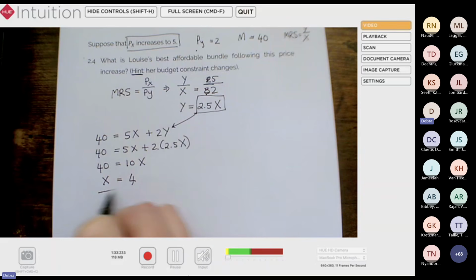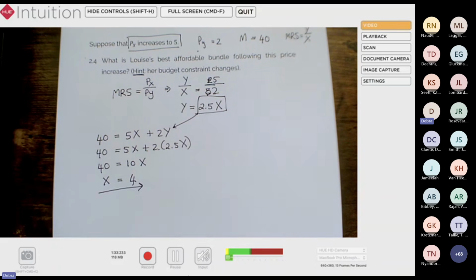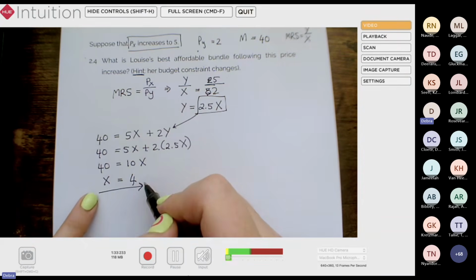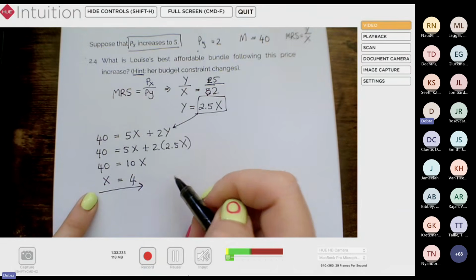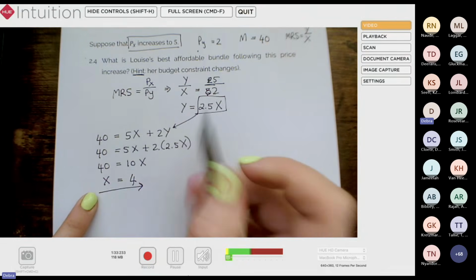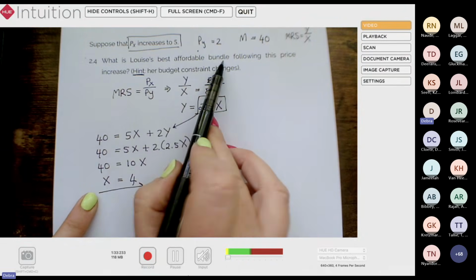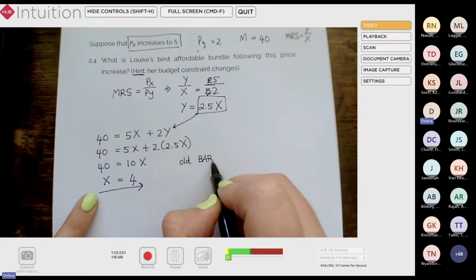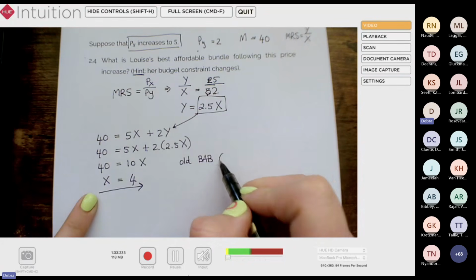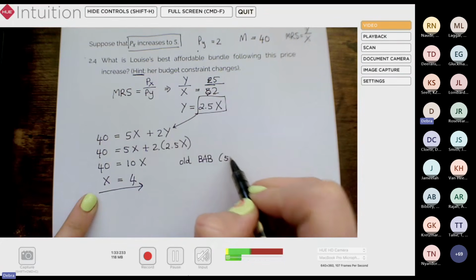So the effect of the price of X going up is that I reduce my consumption of X. My old best affordable bundle, my old BAB, was 5, 10.